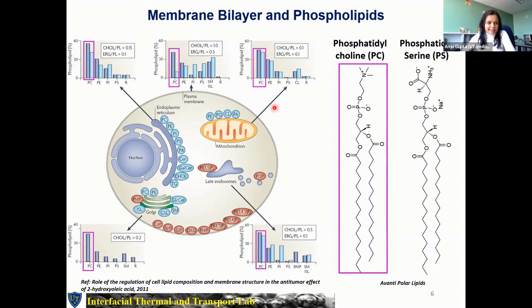And the second type of lipid I want you to focus on is PS, which is also present in most membranes, according to this figure. Phosphatidylserine is, again, a negatively charged lipid. The reason being there are positive charges and negative charges, but in physiological pH, it gives a net charge of -1.